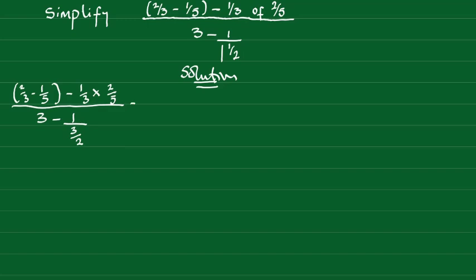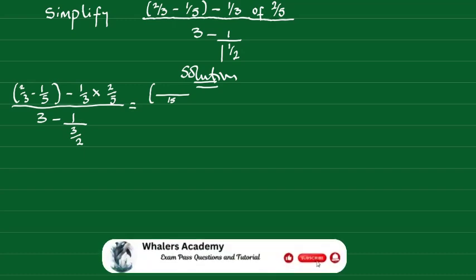And these are equal to, the fractions within our bracket, we solve that separately. So we look for the LCM of 3 and 5. LCM of 3 and 5 is 15. So within our bracket, we have 15 at the bottom.